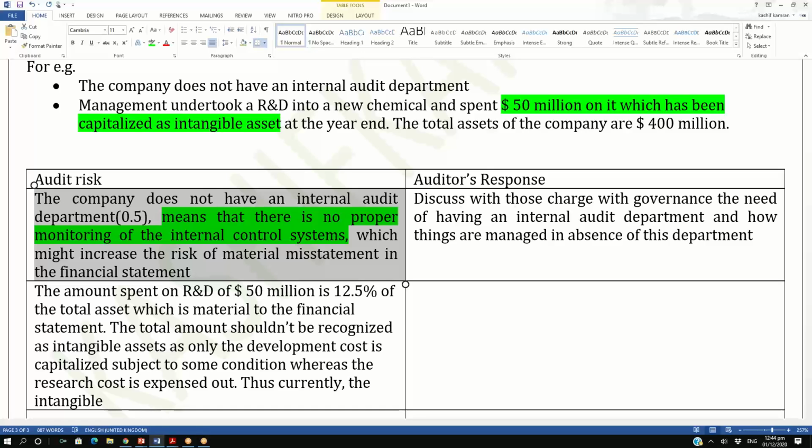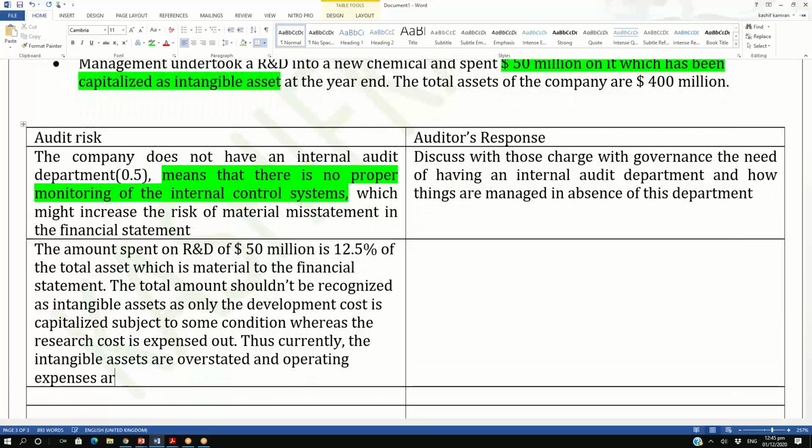But for the research and development cost, I can be very particular. Thus, currently, the intangible assets are overstated because we have capitalized the entire 50 million, whereas the research cost should have been expensed out. Thus, currently, the intangibles are overstated and the operating expenses are understated. So I found my audit risk.